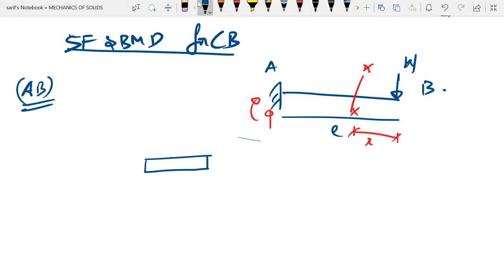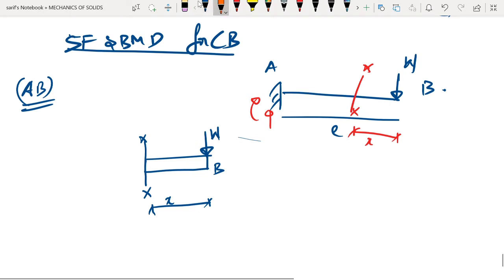So this is the beam, let us call this B, and this is your section XX. We have the load W here. The distance here is also x, and we need to draw the positive directions of shear force and bending moment. How do we do that?